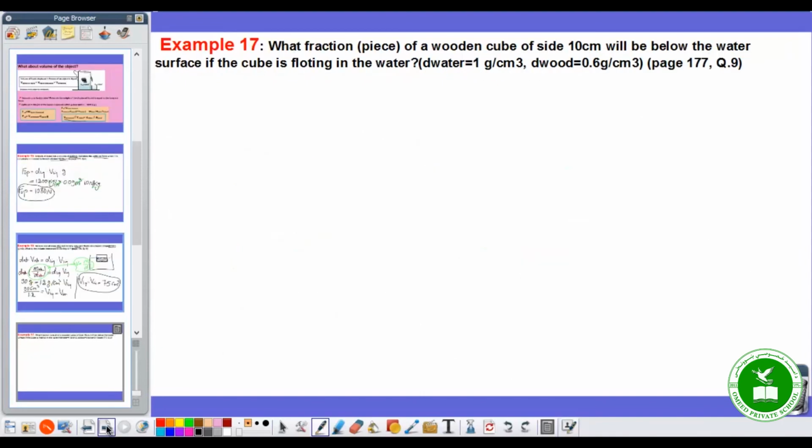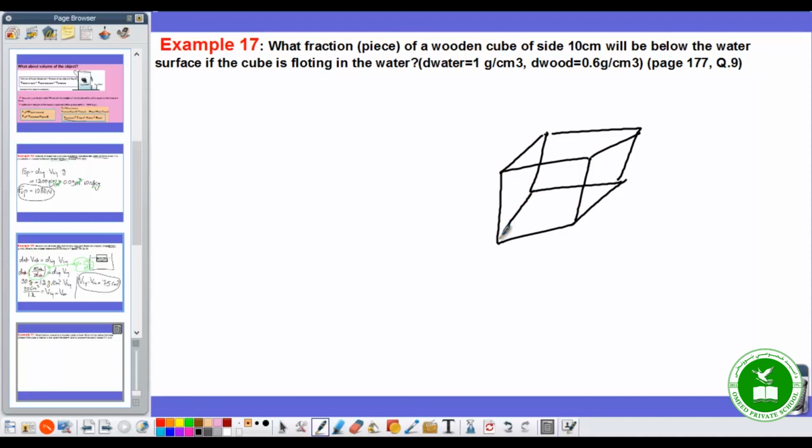Example number 17. What fraction of a wooden cube of side 10 cm will be below the water surface? If the cube is floating in the water, again a floating case. So you see, one cube is given.